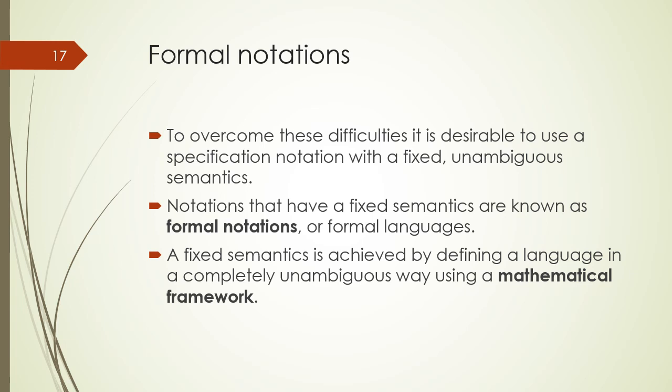Notations that have a fixed semantics are known as formal notations or formal languages. A fixed semantics is achieved by defining a language in a completely unambiguous way by using a mathematical framework.